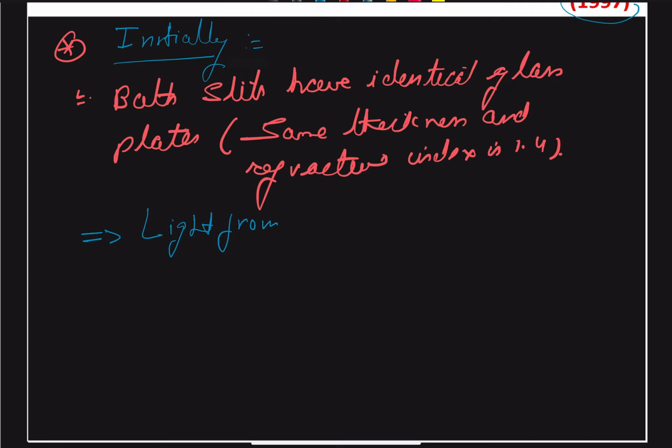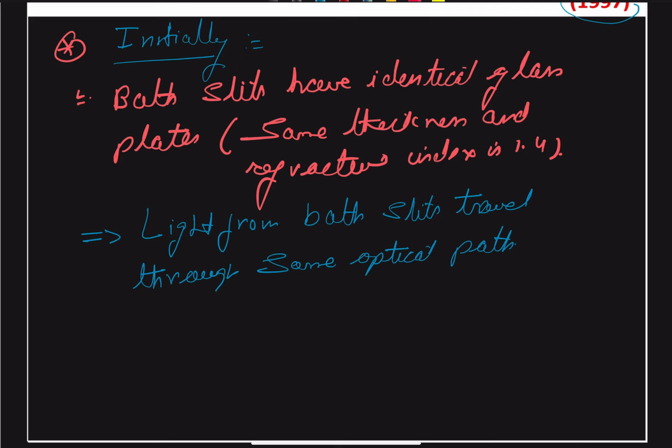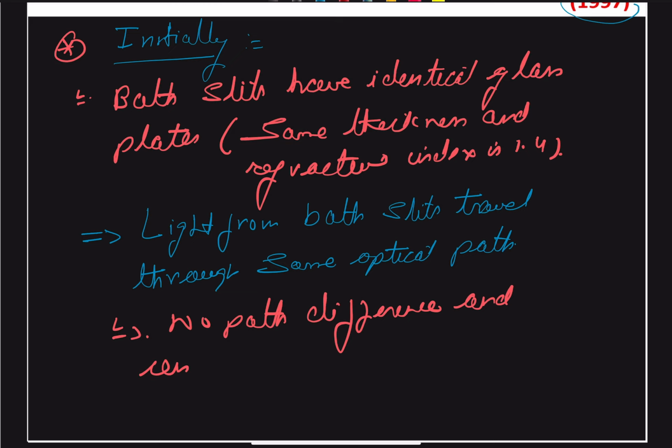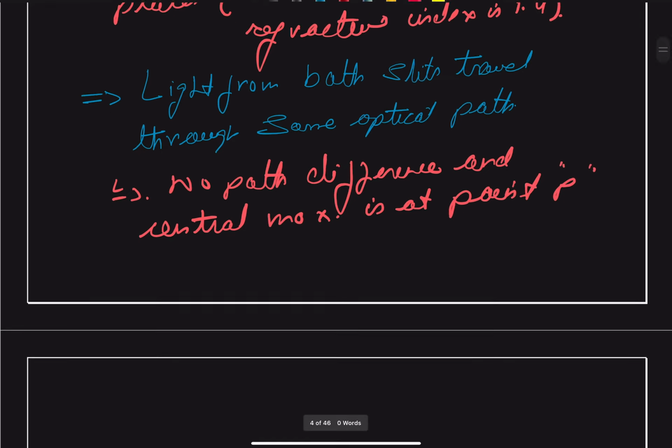That is, there will be no path difference, and central maxima is at point P. So this is the initial condition.